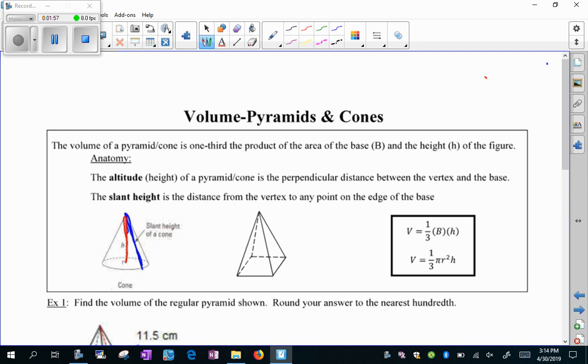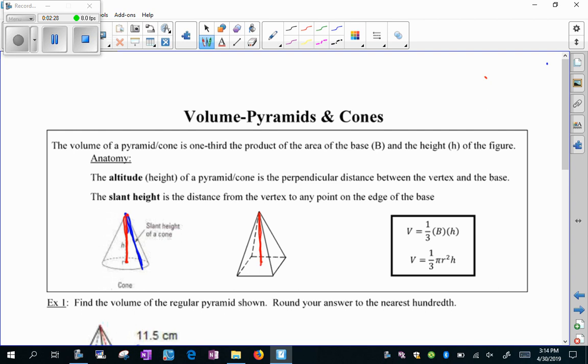So remember, slant height is the distance from the vertex to any point on the edge of the base, and the altitude or the height of the figure is the perpendicular distance between the vertex, up here, and the base, down here.